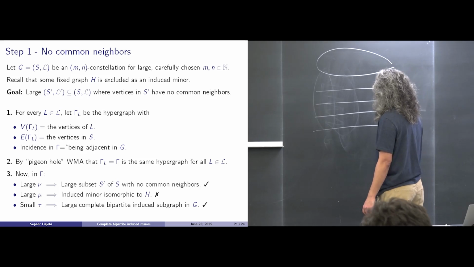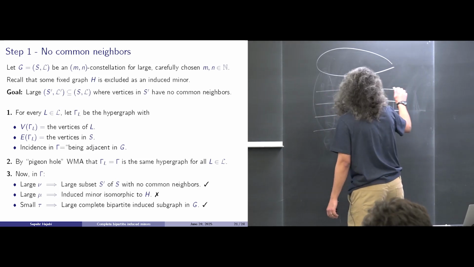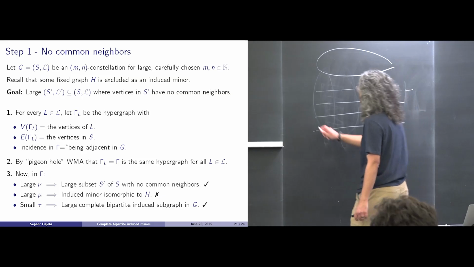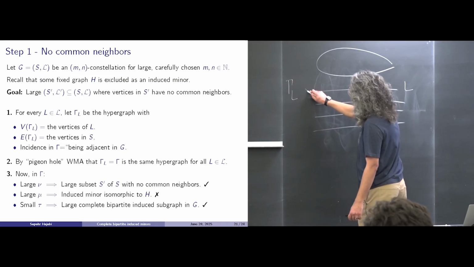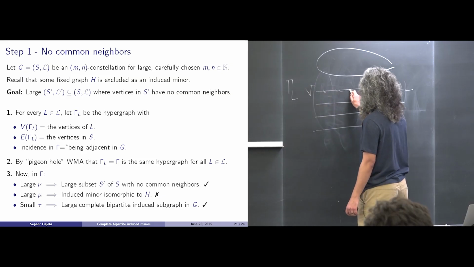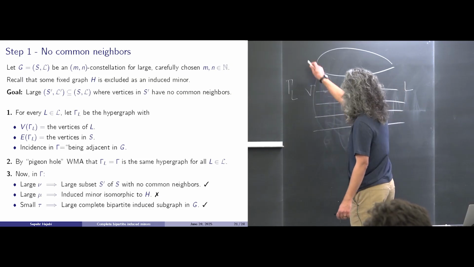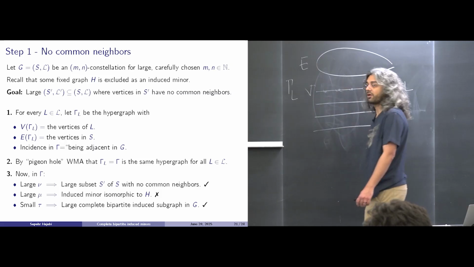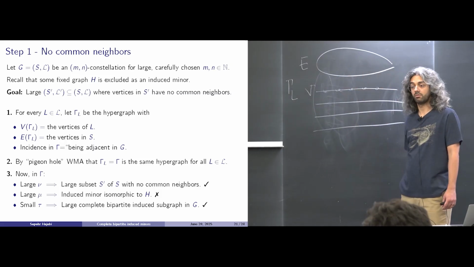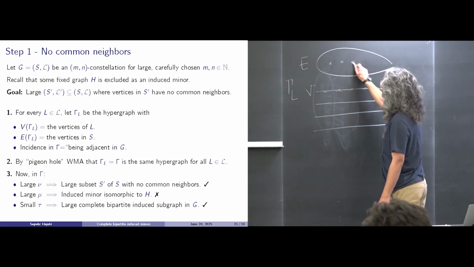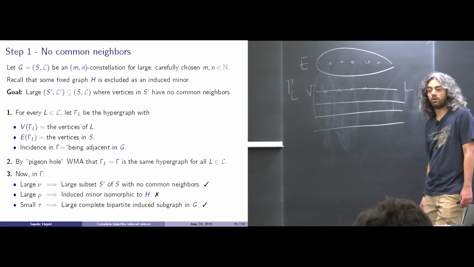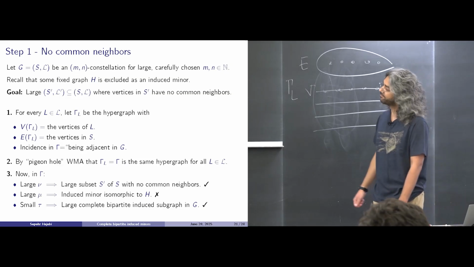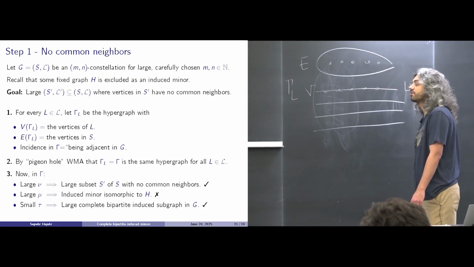So for each path of the constellation, path L, I'm going to define a hypergraph that I'm going to call gamma L. So the vertices of the hypergraph are the vertices of the path. And the hyperedges of the hypergraph are the vertices in the stable set. And the incidence is who is adjacent to who in this graph. So, okay, can this hypergraph contain a big matching?